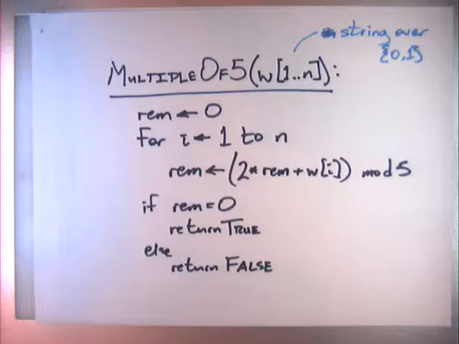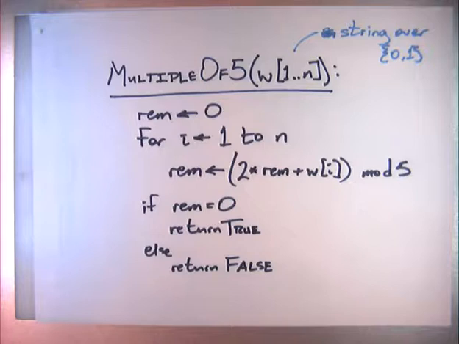I don't want to keep an array for the result and then figure out what the remainder is. I'm only going to keep track of the remainder. Okay, so I have this variable rem that is the remainder, and what it really represents is the remainder of the part of the string I've read so far when I divide it by 5.